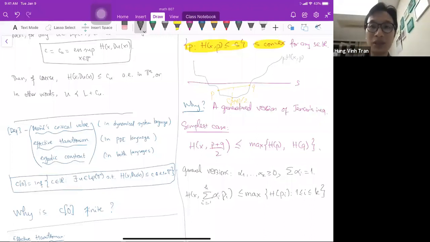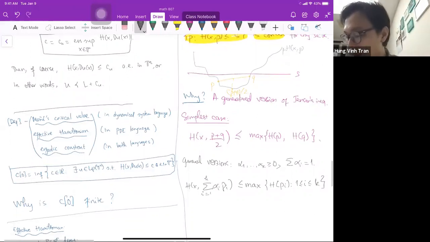So just replace the average, or the convex combination, by the max. And that's the first version.